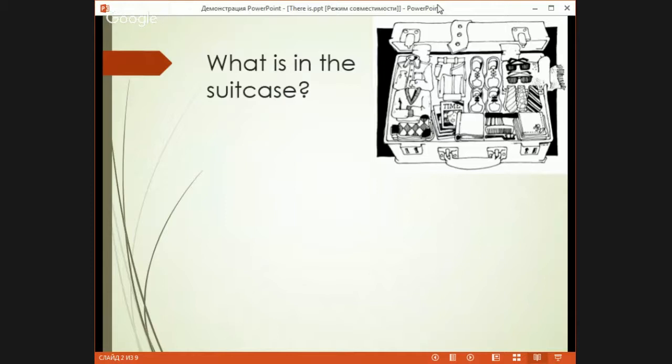So what is in the suitcase? There are 2 pairs of shoes.